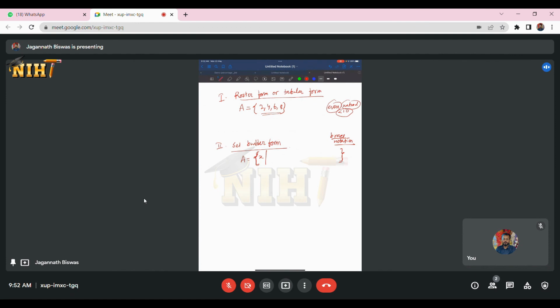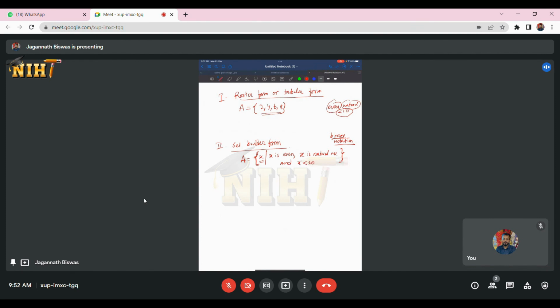And first write x, and after that write down the property of x. That means you are actually saying that A is nothing but the collection of all such x for which x is even, comma, x is a natural number, and x is less than 10.